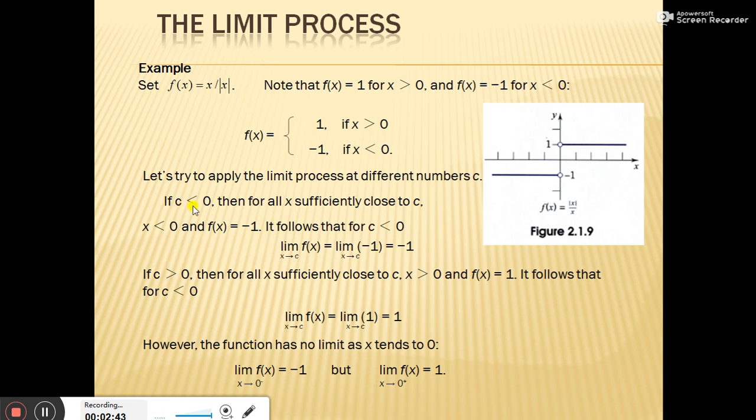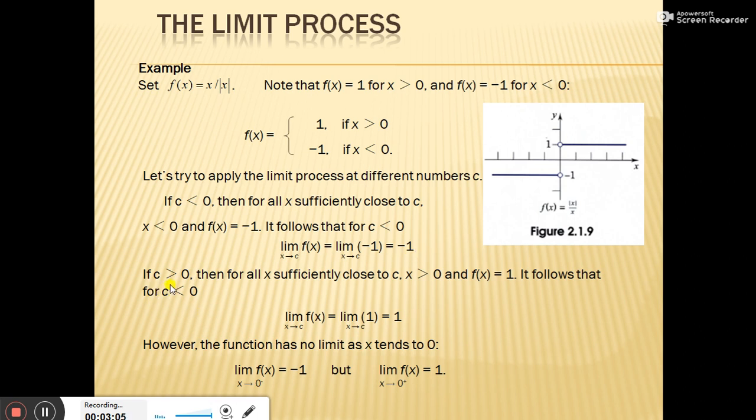Now if c is less than 0, that is x is sufficiently close to c, when x is less than 0, the function f(x) is equal to minus 1. And limit x tends to c negative f(x), that means f(x) is minus 1, and we get minus 1.